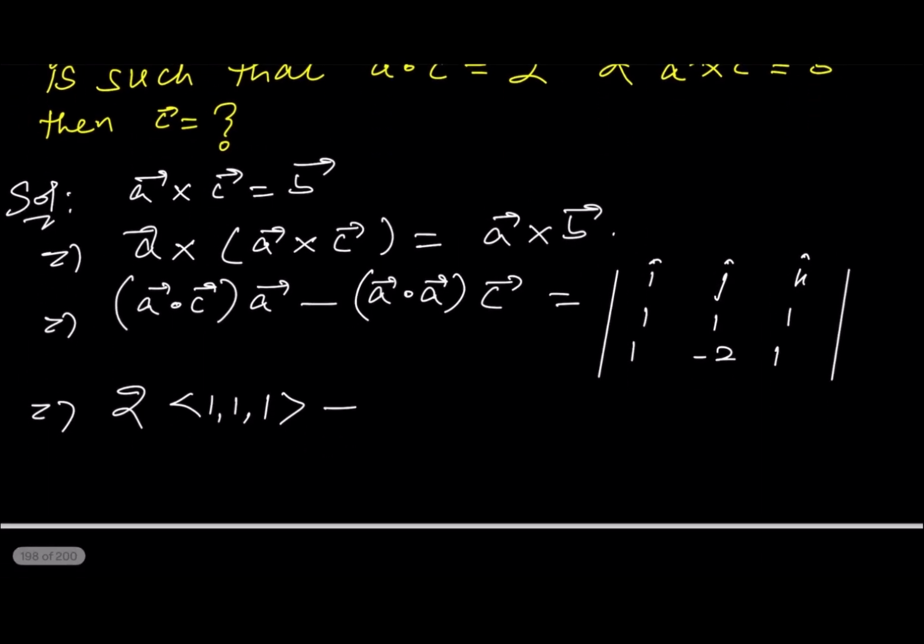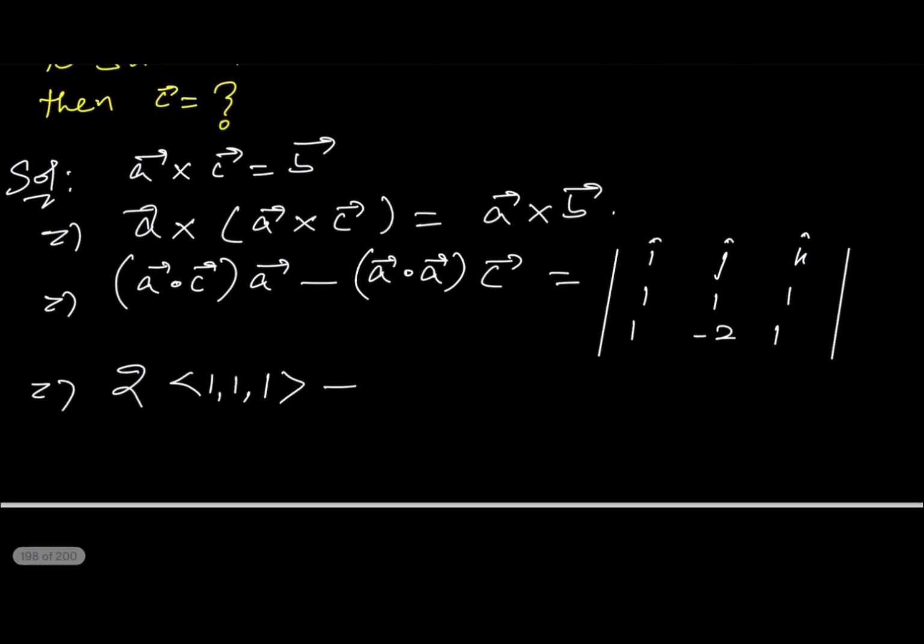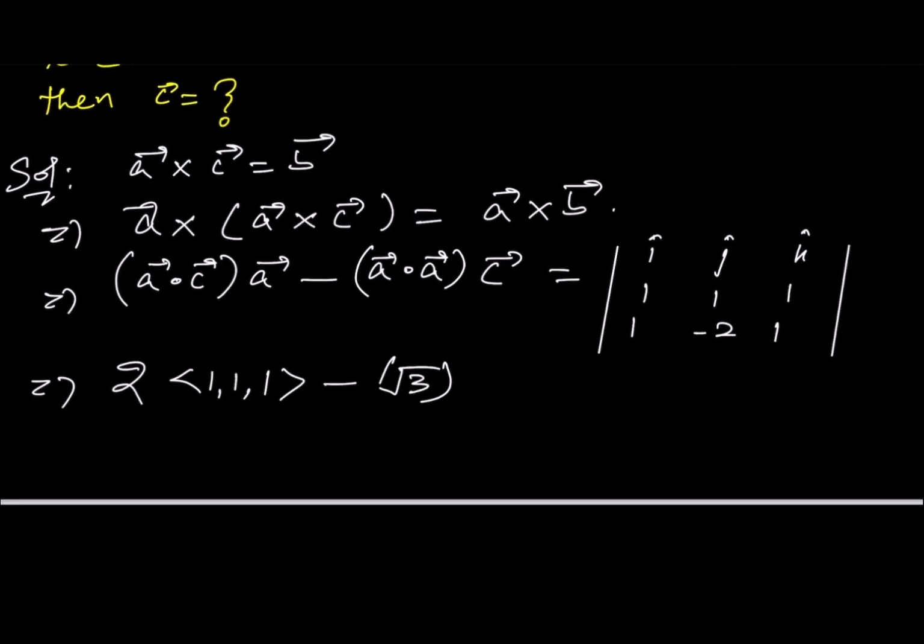A dot a is mod of a square, and mod of a square is nothing but root 3 square, times vector c, is equal to i times (1 plus 2) minus j times (1 minus 1) plus k times (minus 2 minus 1).